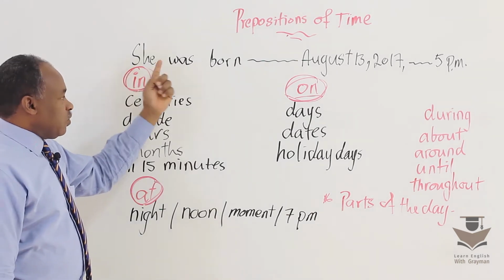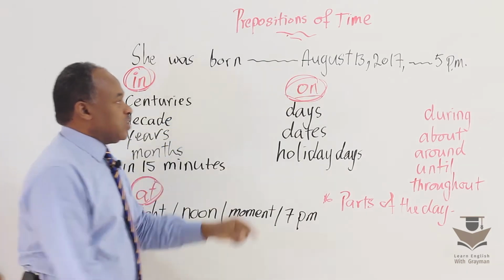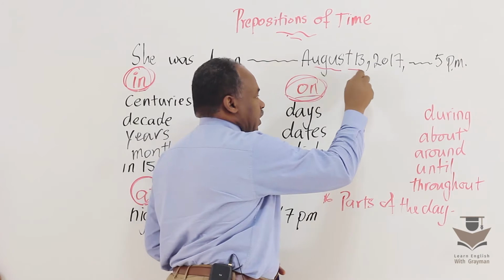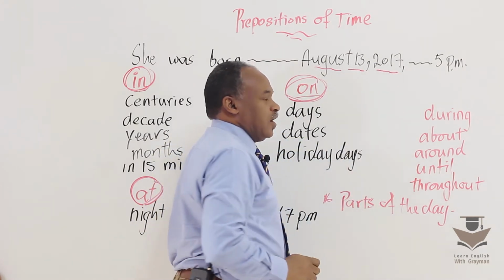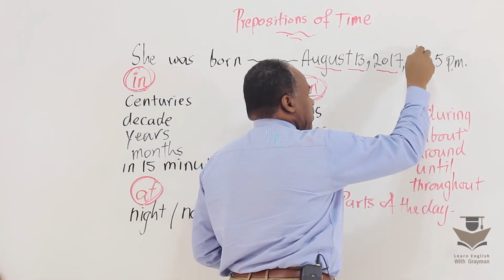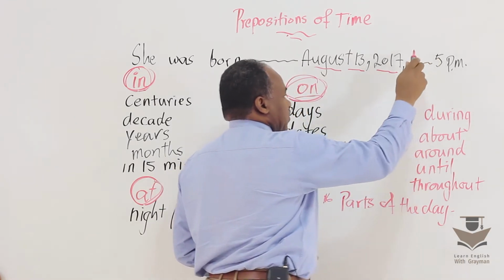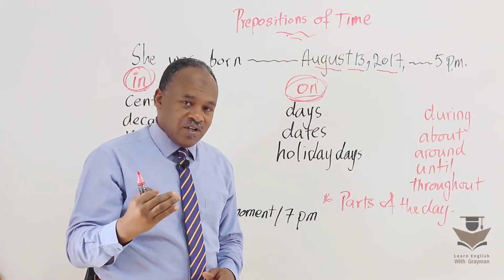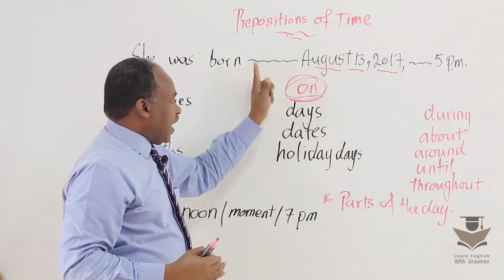Are you going to say she was born in August? Pay attention to this. August, that's a month. And then 2017. And then we're going to add another thing here, either in, on, or at. So what are you going to add here? Two things.